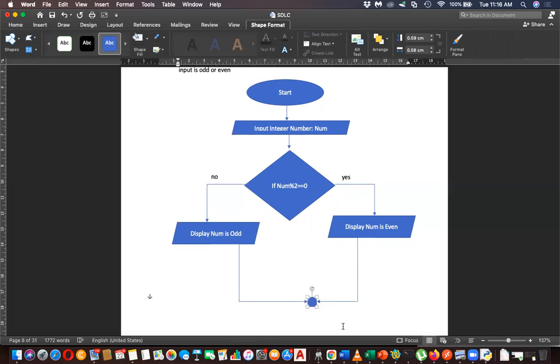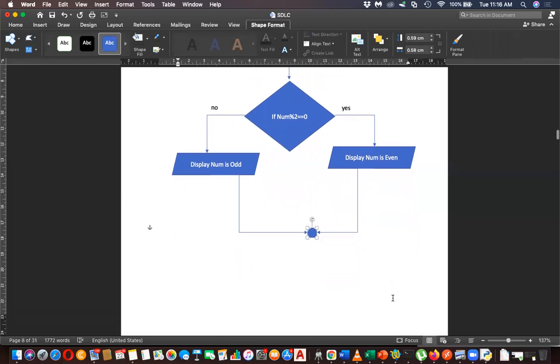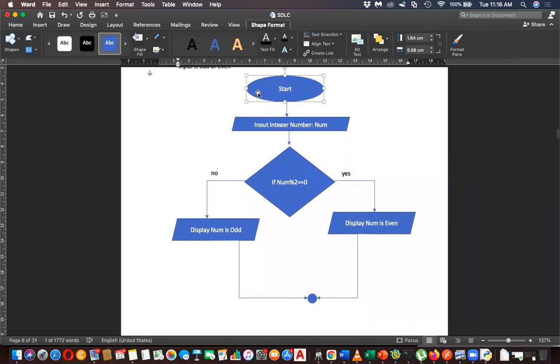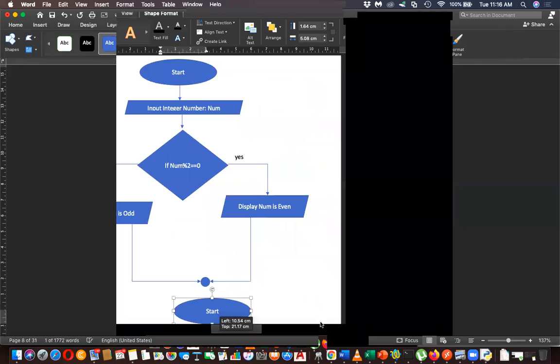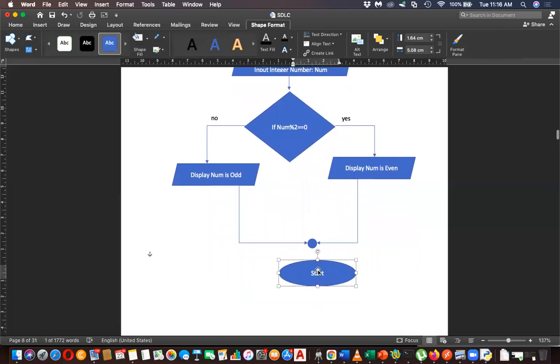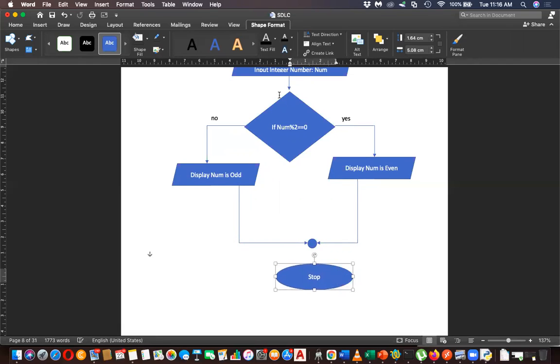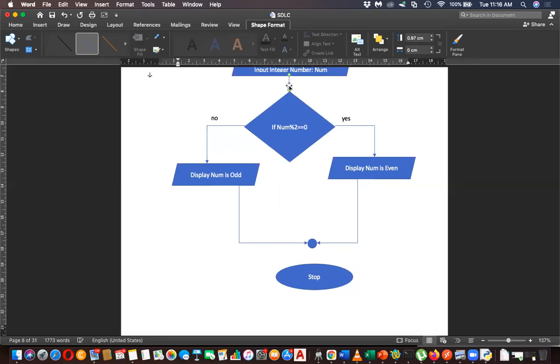Okay, after connecting, you have to finish. It's very simple. After finish, you have to stop, and that will end this program.